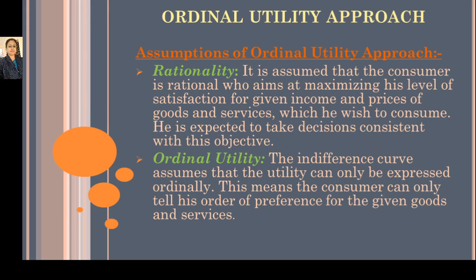A consumer can tell his order of preference if there are two commodities like orange and apple, as we discussed in the first slide. His order of preference means he is consuming 2 units of orange and 1 unit of apple. It means for him maximum satisfaction is derived from the orange, and by consuming 1 unit of apple he gets the same level of satisfaction. So it shows his preference for orange more than the apple.